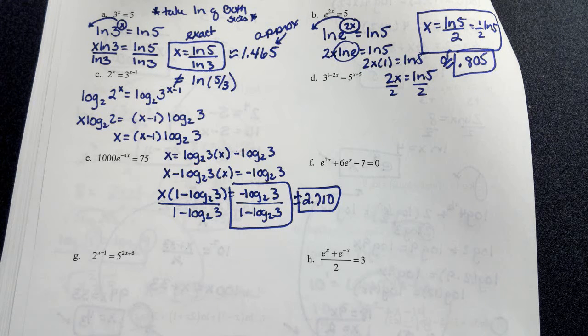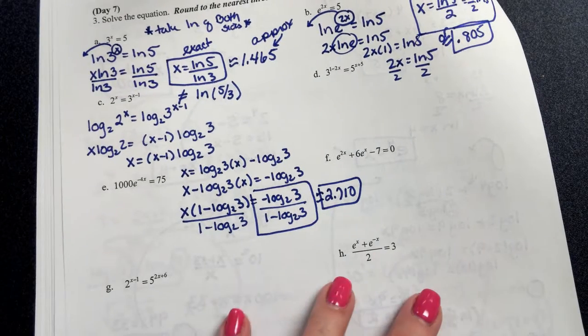So if your answer does not match what the answer key is saying, get the approximation, type it in, and see if they're equivalent. Because there's a lot of different ways you can actually write these answers and have them be equivalent. I could have done this problem completely differently by taking the natural log of both sides of the equation. And then your answer is going to look completely different than what I have right here. But again, if you get the approximations, they'd be equivalent.